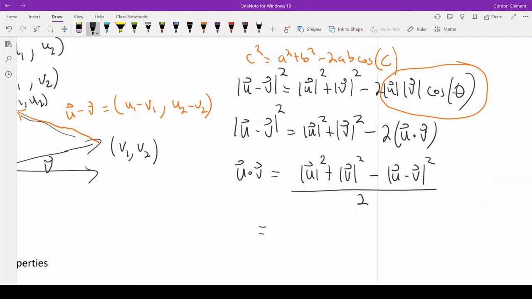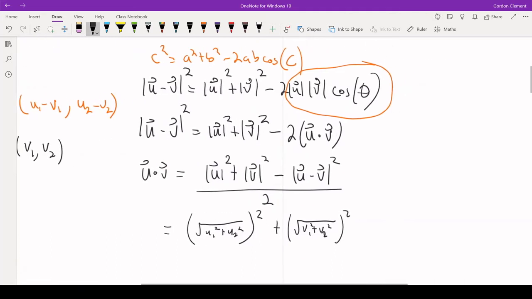And now what's wonderful is I can do the magnitude of u. It would be the square root of its components squared, and we've got magnitude of u squared. So that square root's going to go away in a second. Magnitude of v would be the square root of its components squared, so v1 squared plus v2 squared.